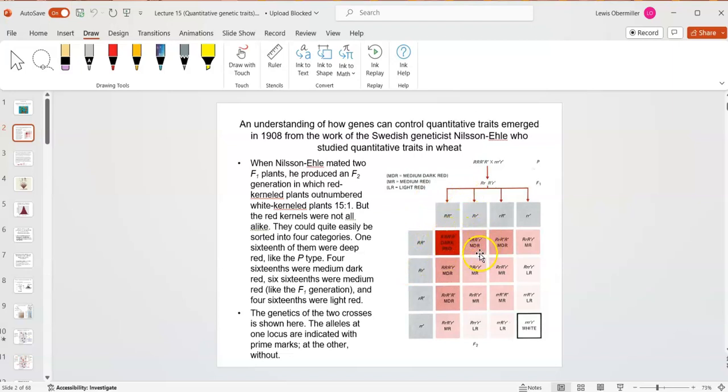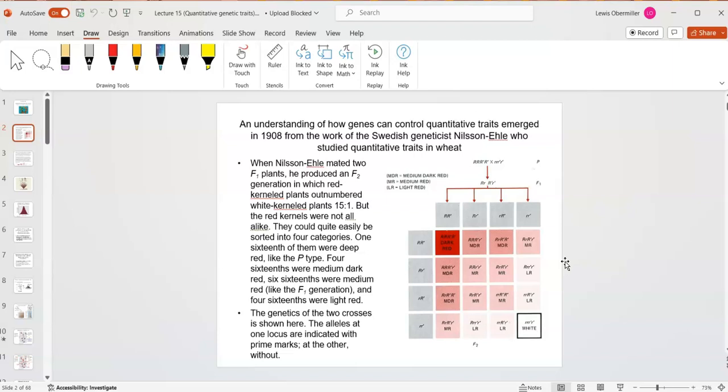If you only have 3, then you only have 3 units of red. Here there's 2, and 1, and none. So you get that entire range of color variation because they're each contributing some to the phenotypic effect.